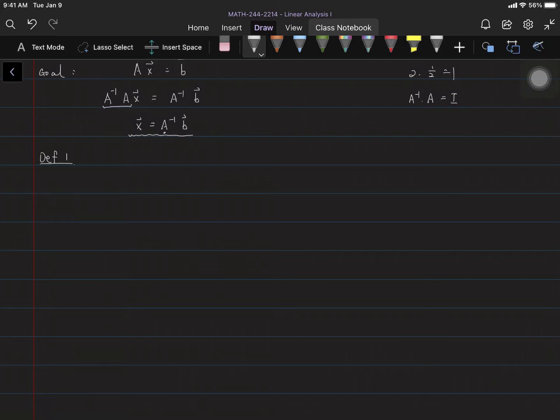Definition 1. Firstly, A has to be a square matrix. I will let you know why.